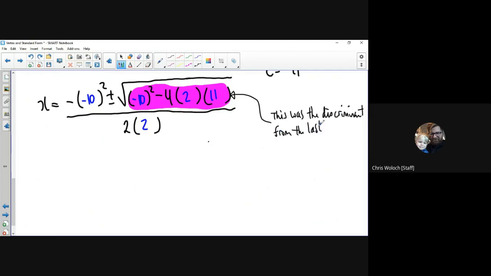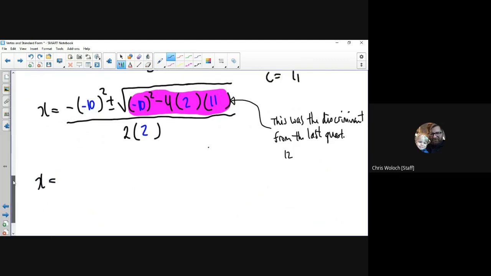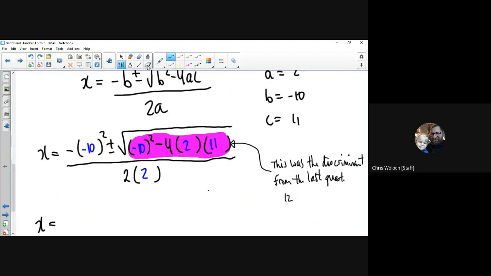So we already figured this out. b squared minus 4ac, when I plug in the a, b, and c's here, I got 12. So I'm just going to put that in there. So we're going to get x equals, well, I don't know, sorry. I don't know why I made that squared.